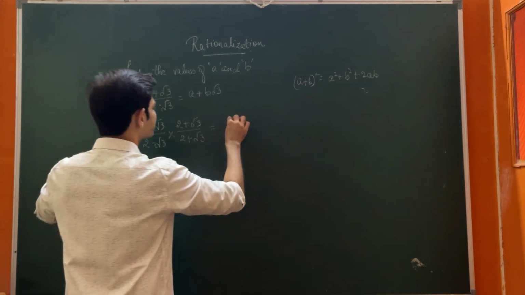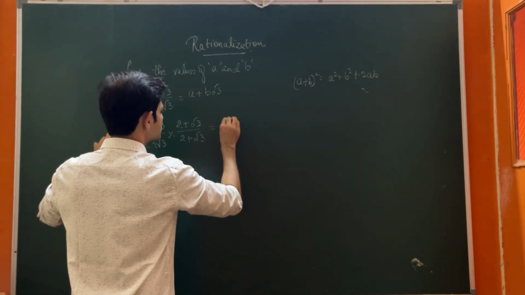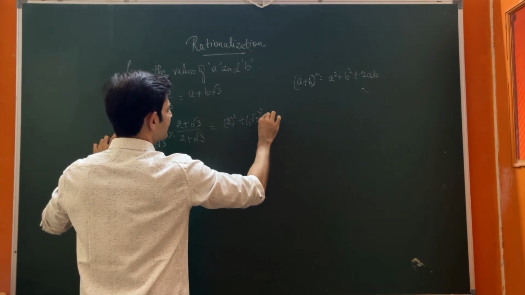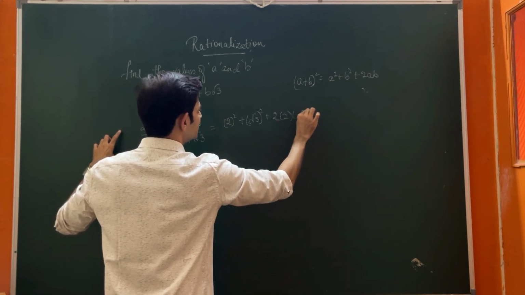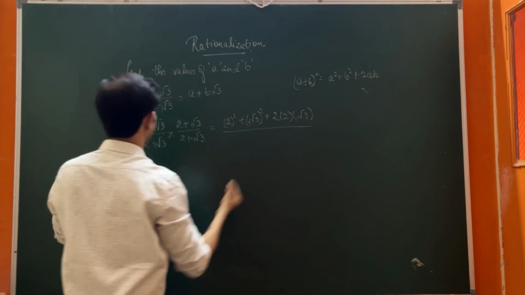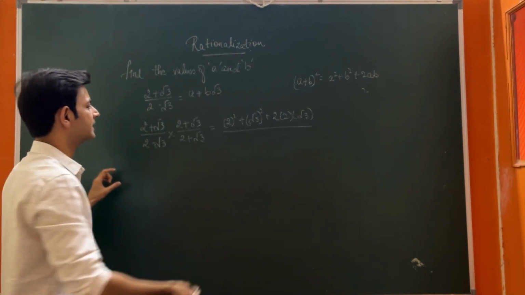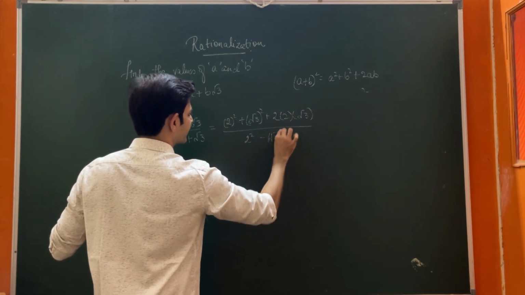Let's write this stepwise: 2 square plus root 3 square plus 2 into 2 into root 3, whole upon. Now the denominator is a minus b into a plus b again, so this will become a square minus b square.